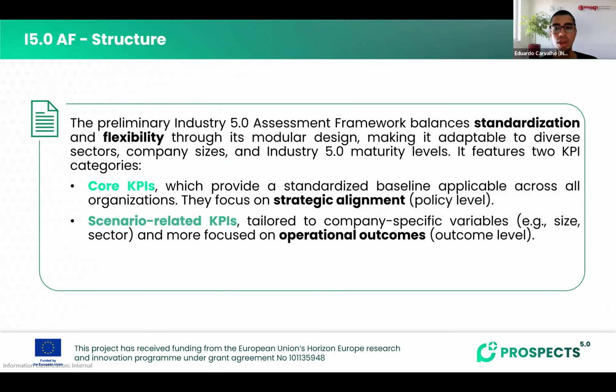We divided the KPIs into different categories. One is core KPIs that are more focused on the strategic alignment at the policy level, and also scenario-related KPIs that are more focused on operational outcomes. In this way, we provided more flexibility and customization to the companies.